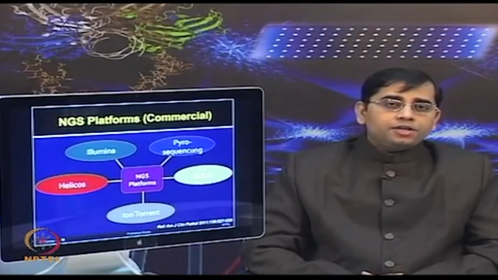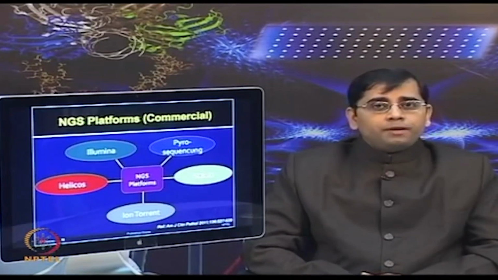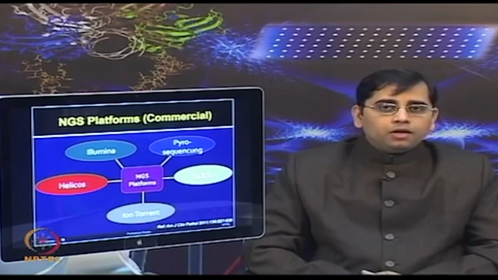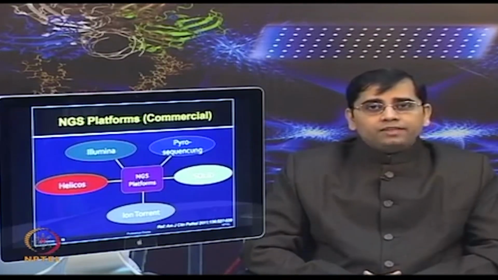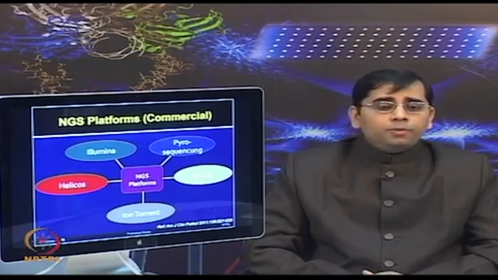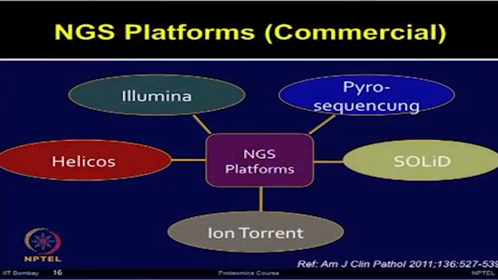The various next generation sequencing commercial platforms currently available, we will very briefly talk about the pros and cons of each of these methods. The Illumina method, which is a flow cell based method, employs reversible dye termination and uses 4-color optical imaging.